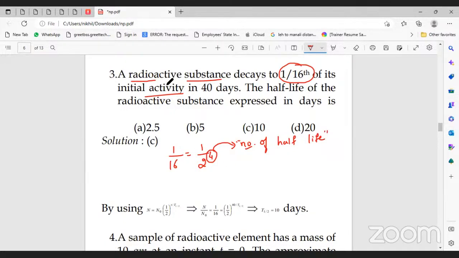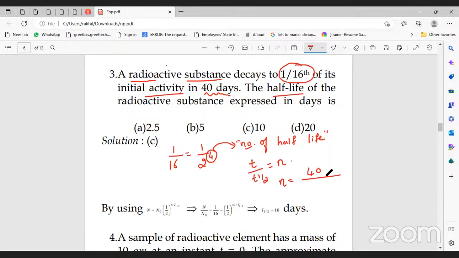Now, what they have given, initial activity is N0. To come to 1/16th, the time taken is 40 days. Now, they are asking for the half-life. You know that the total time divided by the half-life always represents the number of half-lives. So what is the total time? 40 days.